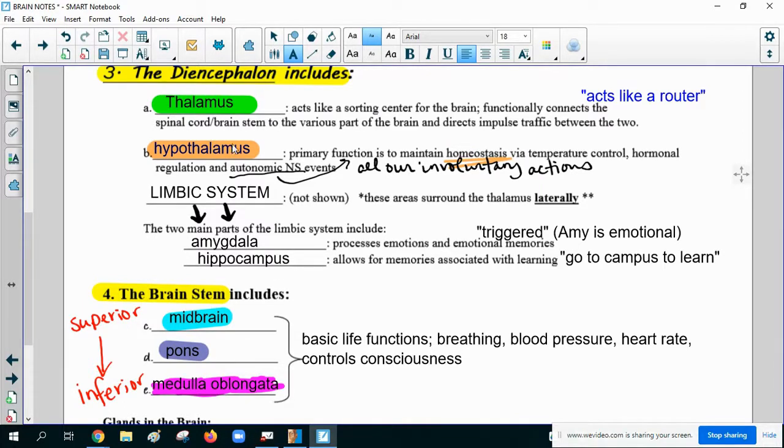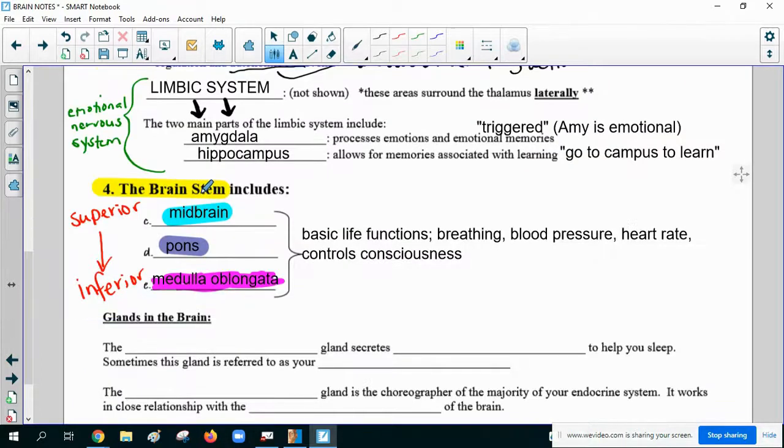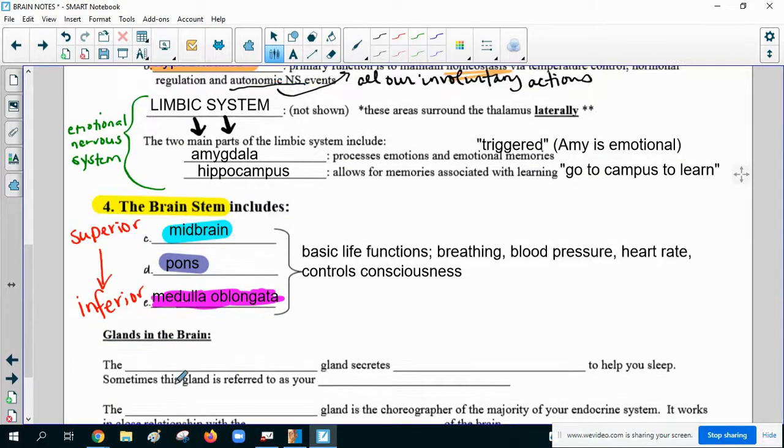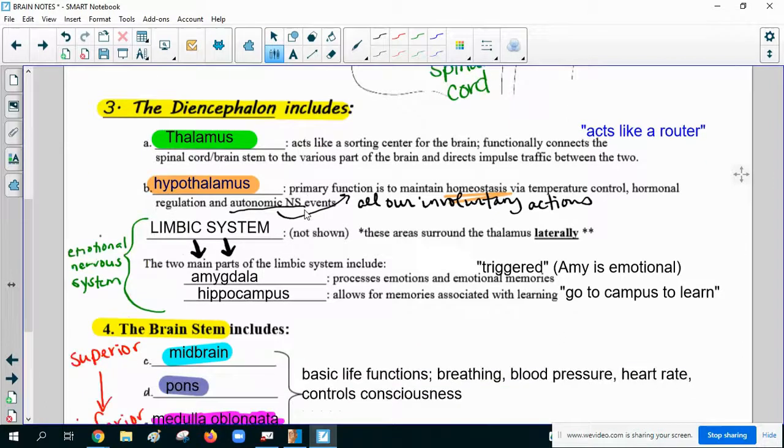The thalamus sorter, the homeostasis, this is really like the emotional nervous system. But that gives you, I would say, probably a quality of life. I'm going to add emotional nervous system to that. So those are the four parts. There's a little bit left. The brainstem, the diencephalon, and then, of course, last class we talked about the cerebrum and the cerebellum.